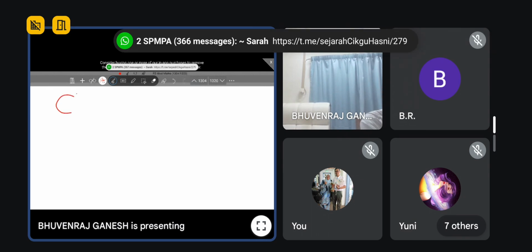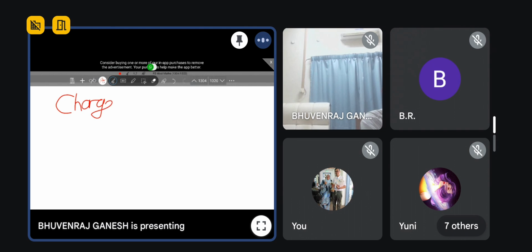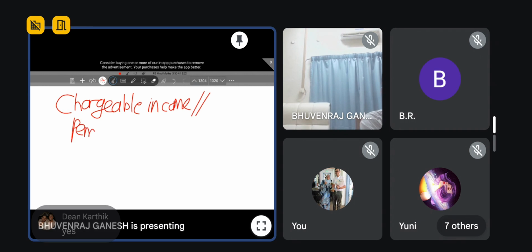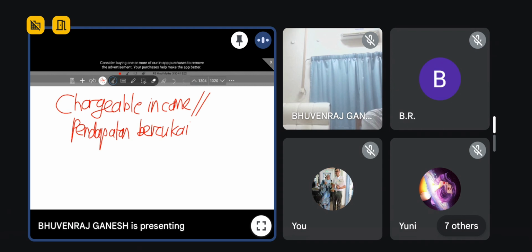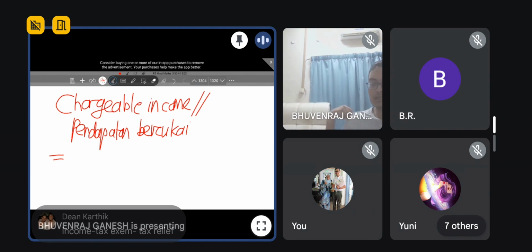Okay, so last week we learned on this. Am I right? Chargeable income, pendapatan bercukai. So can you guys tell me, how do we count chargeable income? Macam mana kira pendapatan bercukai? Can you all tell me the formula? Apa rumus dia? You can tell in English or Malay also, doesn't matter.